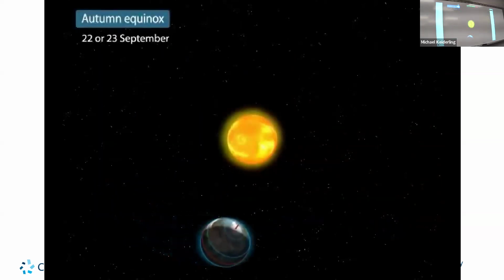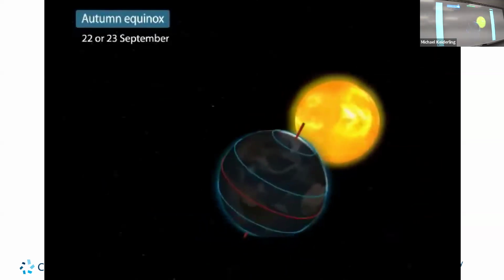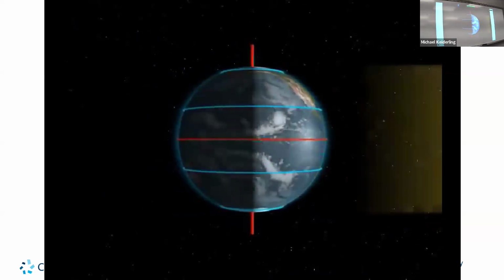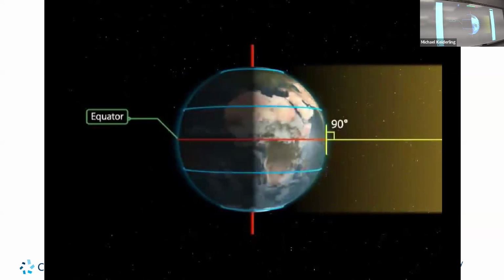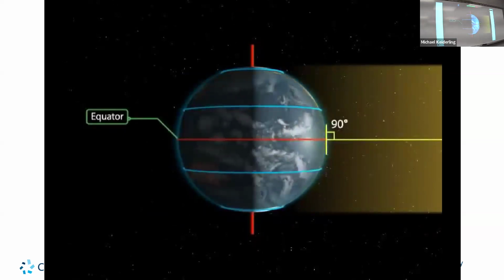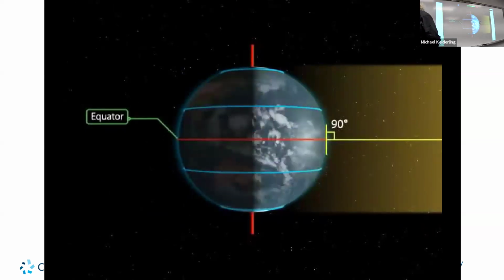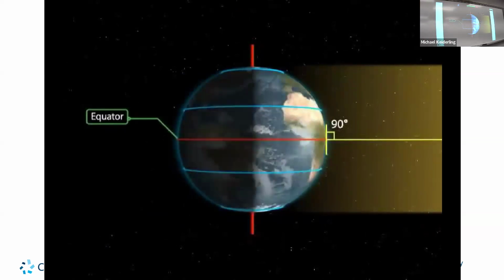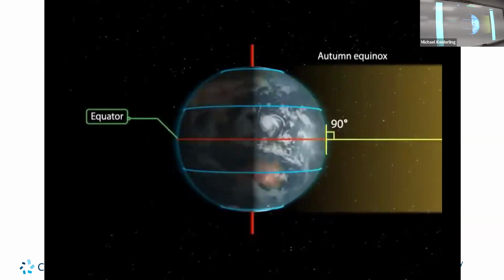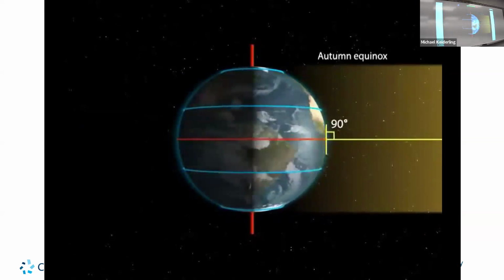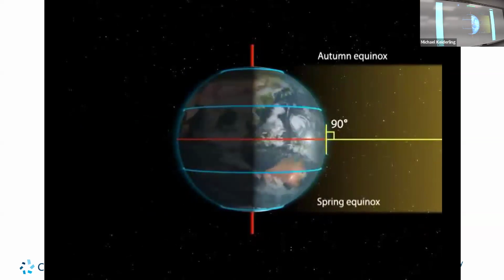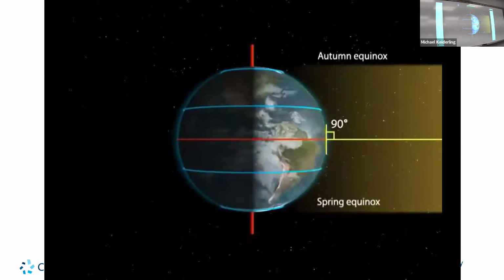Autumn equinox. On the 22nd or 23rd of September, the overhead sun is over the equator again. The equator receives the largest amount of solar radiation. On this day, the northern hemisphere is in the autumn equinox, while the southern hemisphere is in the spring equinox.